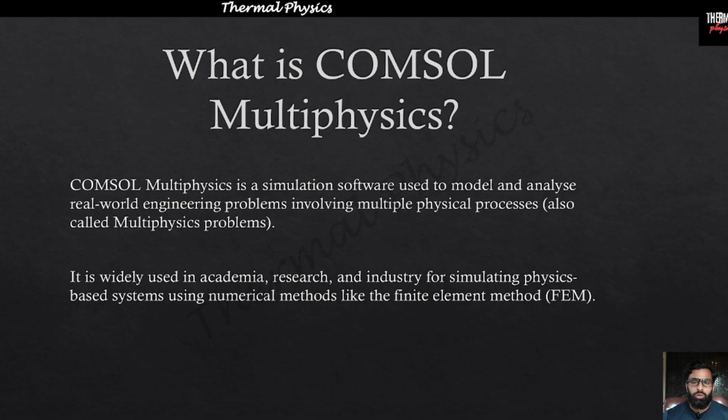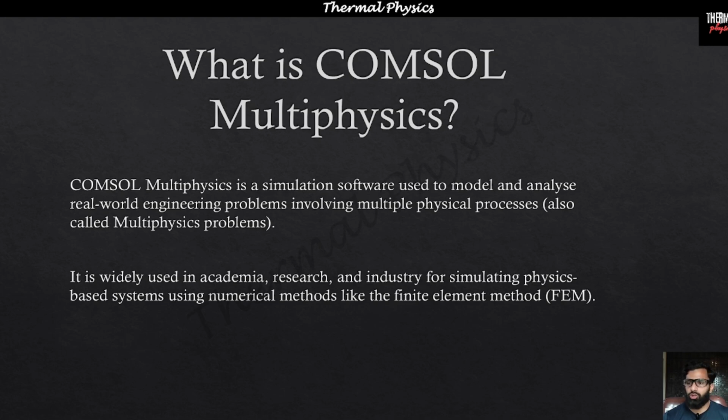We can solve any of these problems, and even we can solve a problem which does not just involve one physics but two or more than two physics. That's what multi-physics stands for. It couples the different physics together very easily and is able to solve that complex problem.